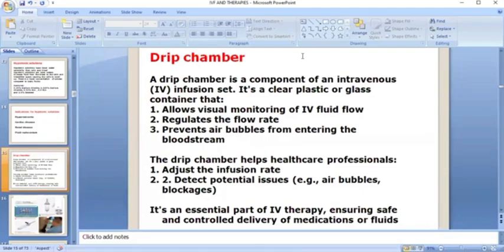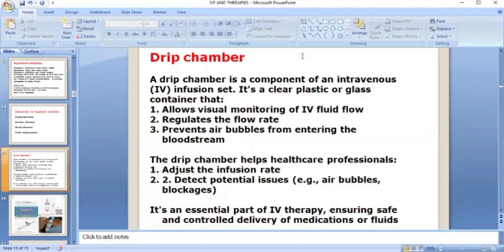When you puncture the bag, that transparent plastic or glass container that the fluid enters before it moves into the tubing. That's the drip chamber. What is the function? It allows visual monitoring of the intravenous fluid flow. You will be seeing it. It regulates the flow rate. It prevents air bubbles from entering the bloodstream.